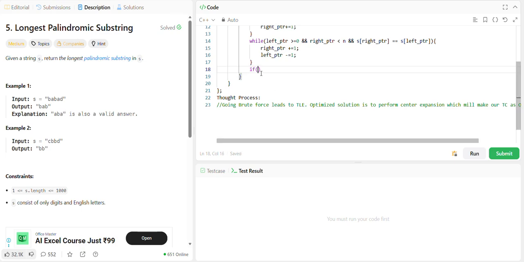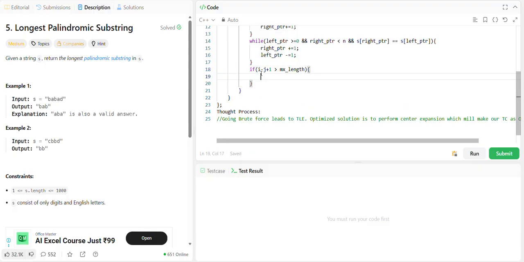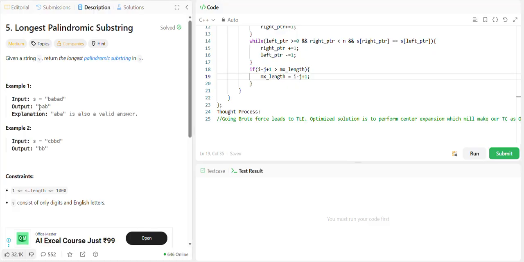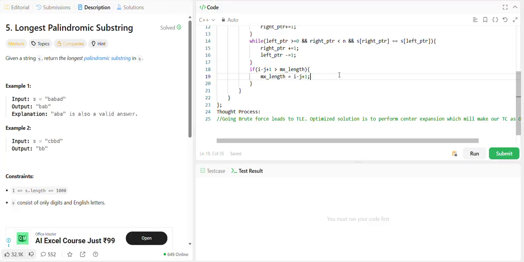So we will have to do: if i minus j plus 1 is greater than mx length, mx length is equal to i minus j plus 1. Why I'm not writing equal to is because we will go with BAB, whatever is the first occurrence, we will stick with that.